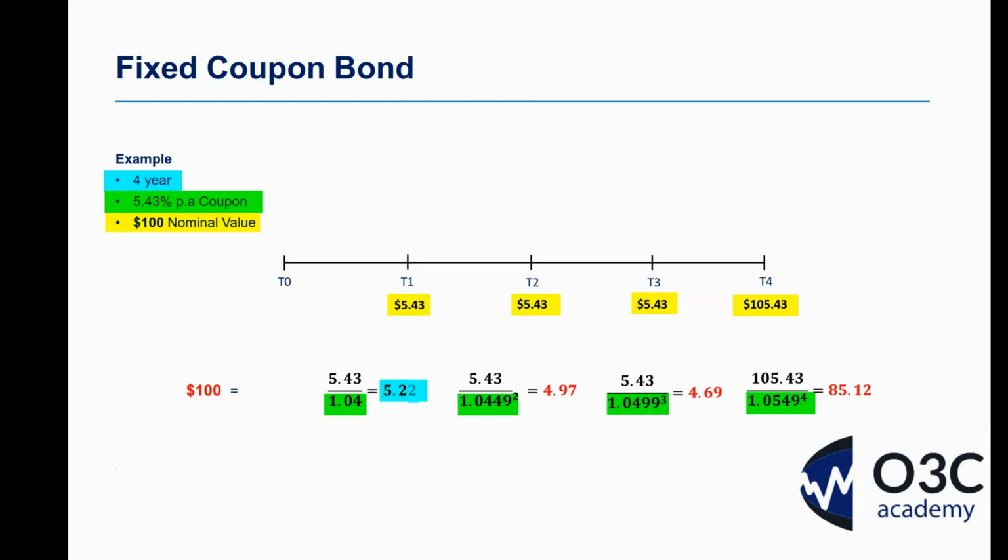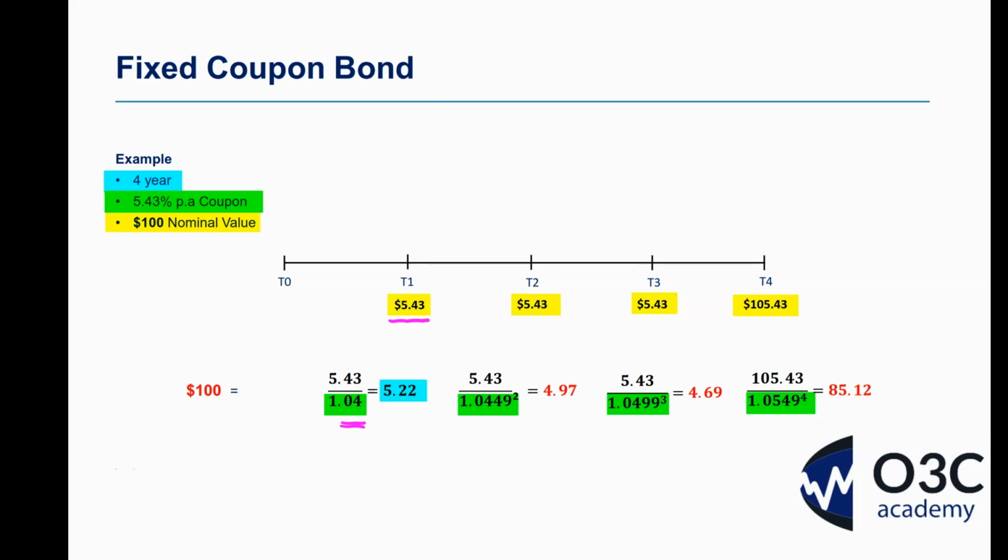Now, we're getting used to moving backwards and forwards, and we could also do the same thing here. If today, T0, we had $5.22, and our bank offered us a 4% return on that, if we deposited the money there for a year, guess what we're going to have? We'd have $5.43.